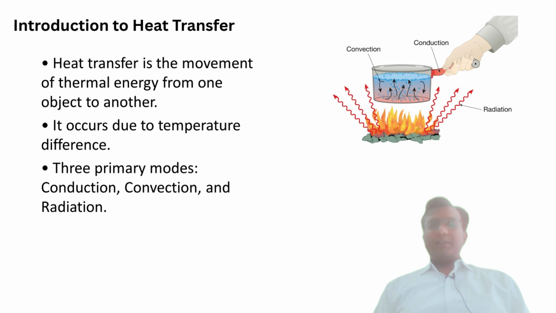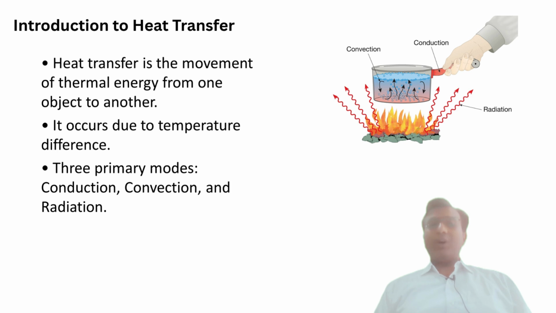Now, as we are going to see these basic modes, before that, we will see what is meant by heat transfer. So let's begin with the basics of heat transfer. Heat transfer is the movement of thermal energy between objects or systems due to a temperature difference.